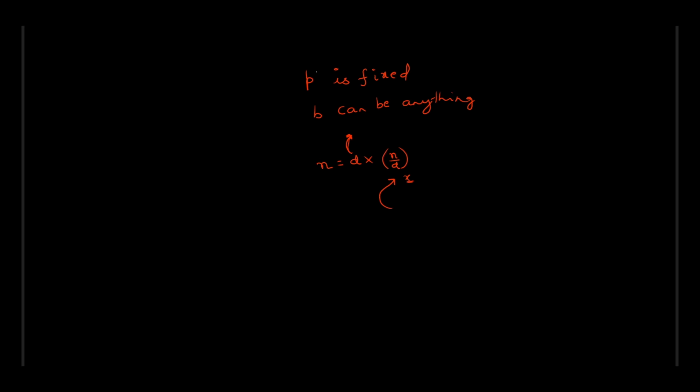But what if p is also not fixed, and the problem asks you that for a given integer n, for all the bases that exist in the world and for all the p's that exist in the world, find out the answer. We know how to compute the answer quickly when p is fixed, but what if p itself is varying? For that, you can use an observation.